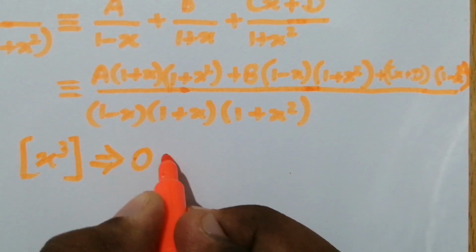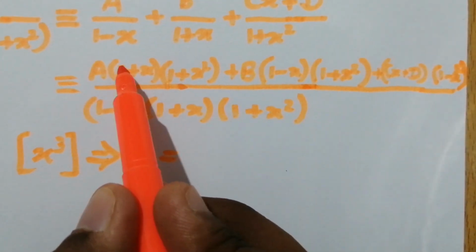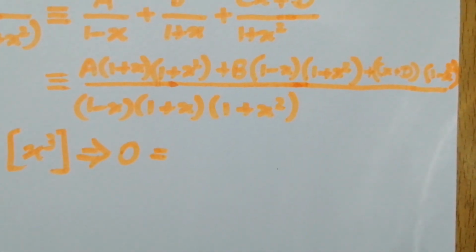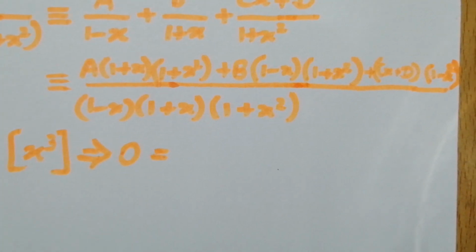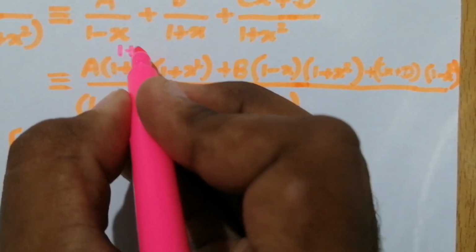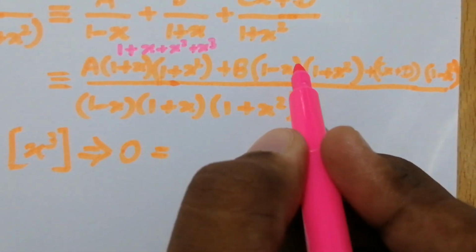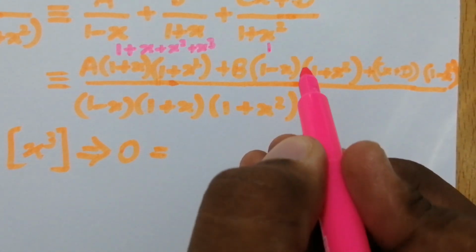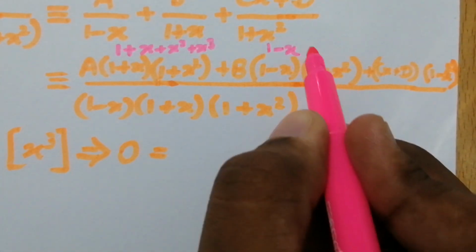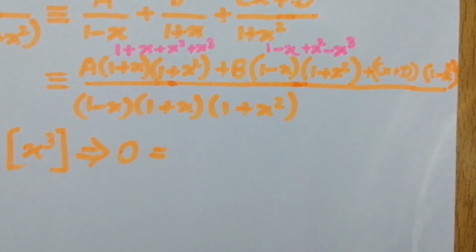On the left side it is 0, equals, on the right side here it is 1 plus x squared plus x cube. It will be easy if I write the expansion. 1 plus x squared plus x cube. In this side it is 1 minus x plus x squared minus x cube.